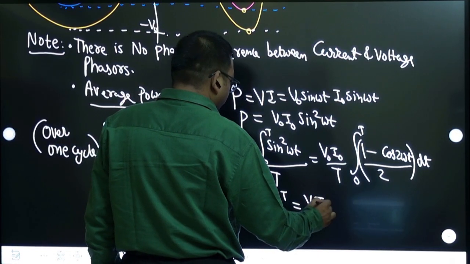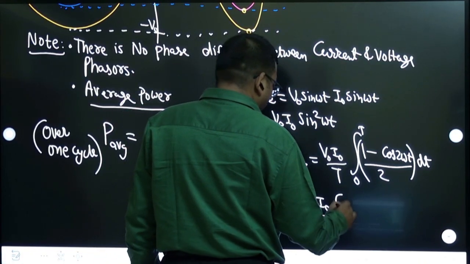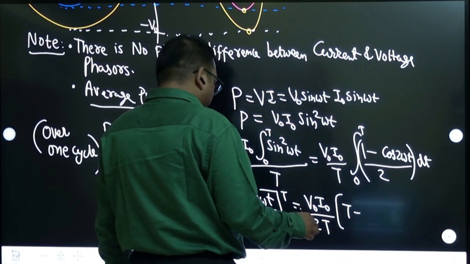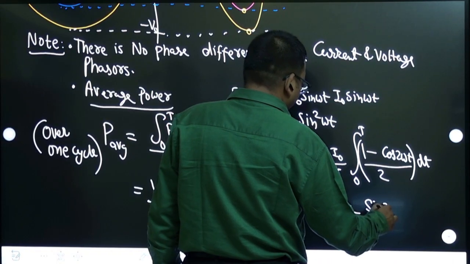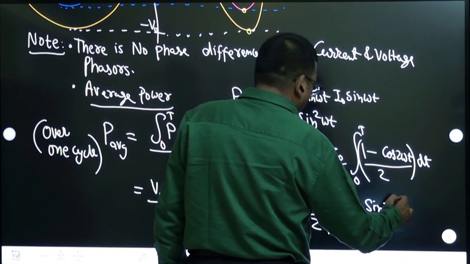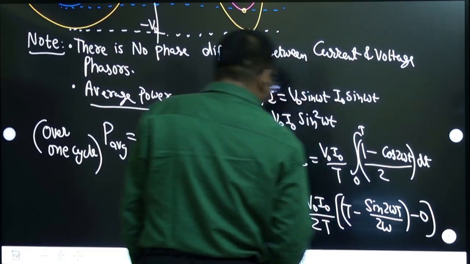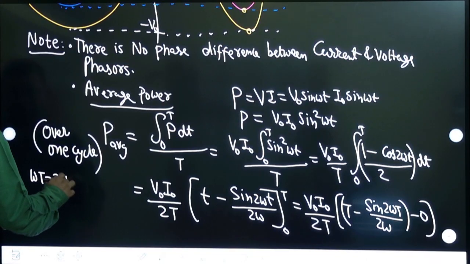So V naught I naught by 2, capital T upper limit, t minus sine 2 omega t by 2 omega. Lower limit everything is 0. We know that omega t is 2 pi, that idea we already have, right?